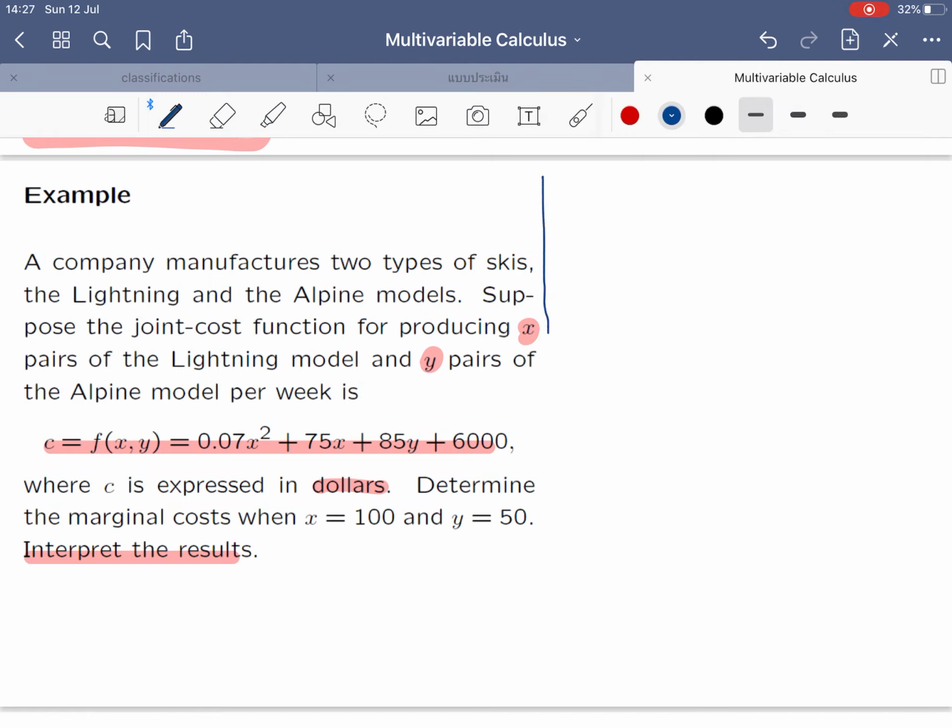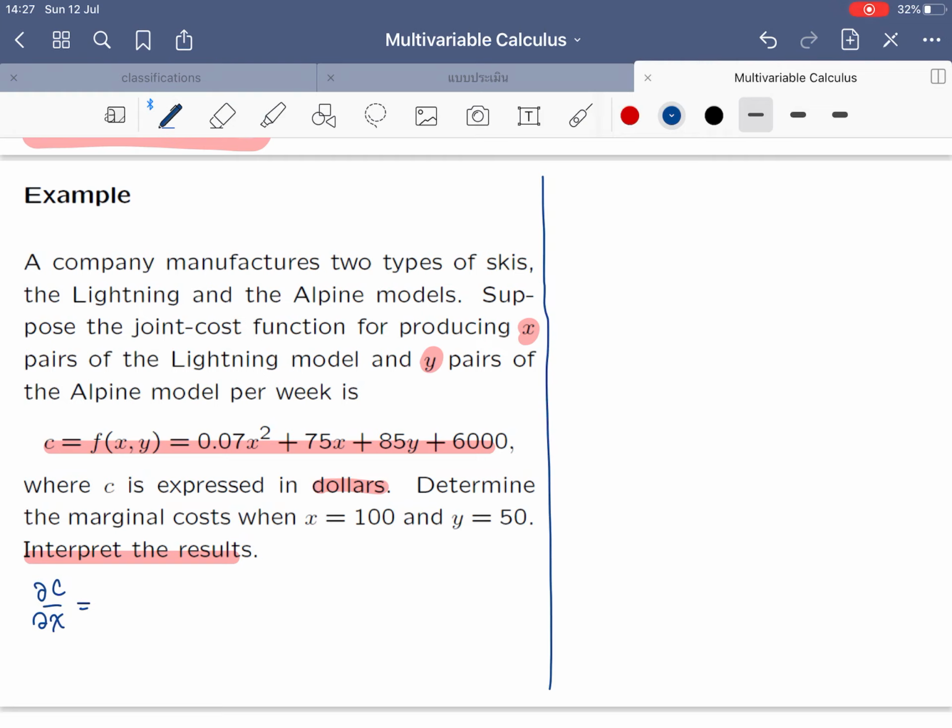Because they want to find a marginal cost but didn't determine which marginal cost they want, it means that you need to find both of them. First, the marginal cost with respect to x, which is the derivative with respect to x.